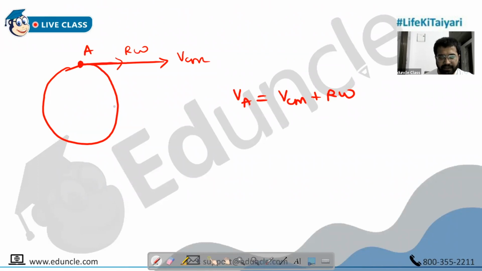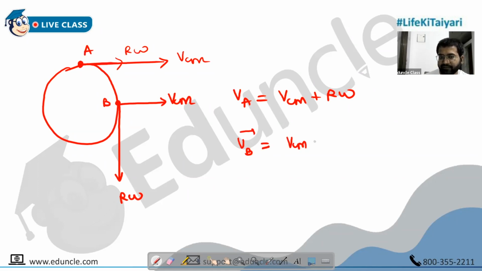Similarly, at this point we have got r omega, and here we have got VCM. So what is the net speed at point B? I can say VB vector. Now there are two velocities. One is VCM along i cap, and another is r omega along minus j cap, because it's in the downward direction. Here they were in the same direction, so you added them directly, because they were in the same direction.